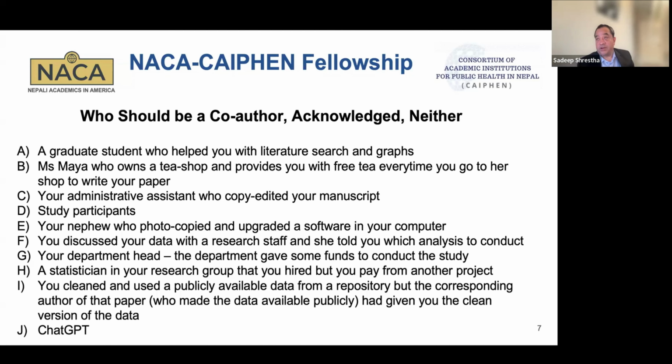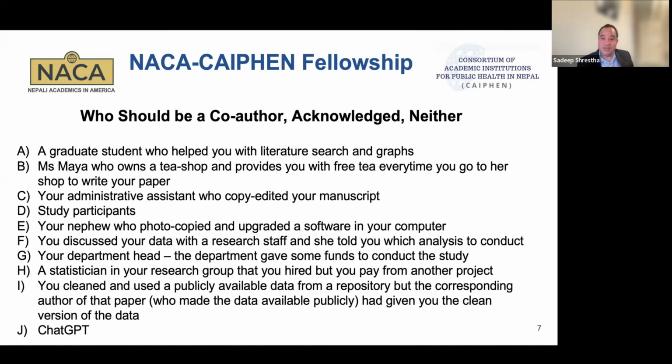The other thing that we often feel pressured about is G, your department head. Just because they give you some funding, just because they give you protected time, doesn't mean that they are co-authors, or that they should be acknowledged. Sometimes you might be pressured, but you need to have a candid conversation with the senior author of the paper.